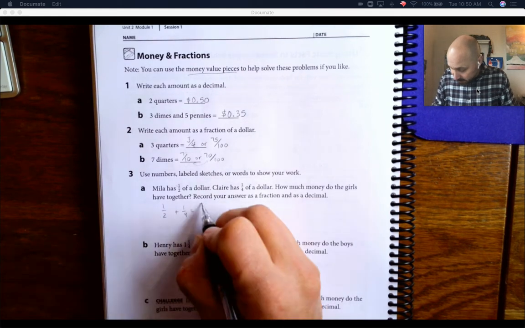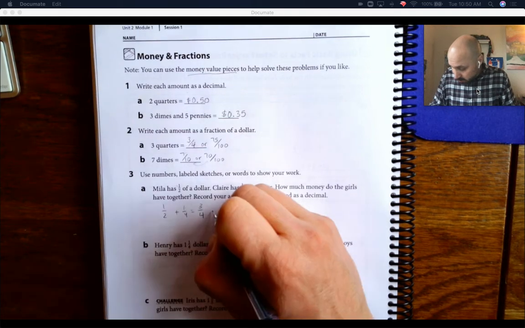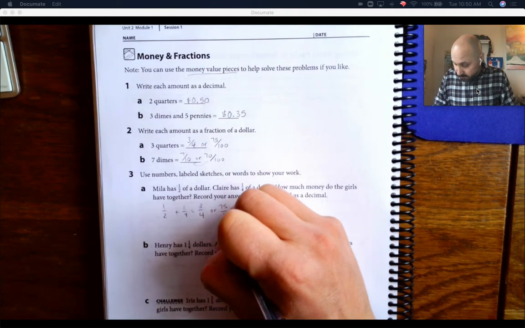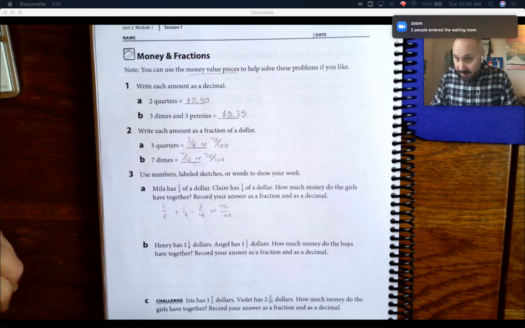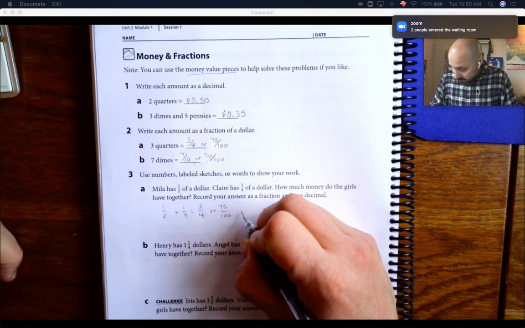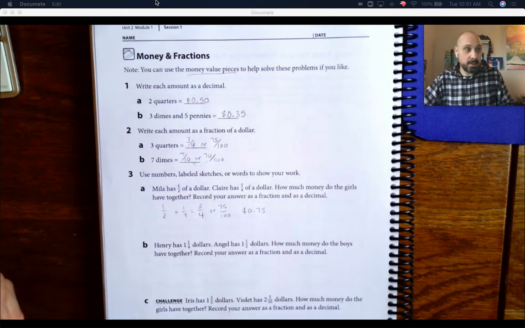So that is 3/4 of a dollar, or 75 hundredths. And we write that as a decimal, just like we would our money sign. We write that as money sign 75 cents.